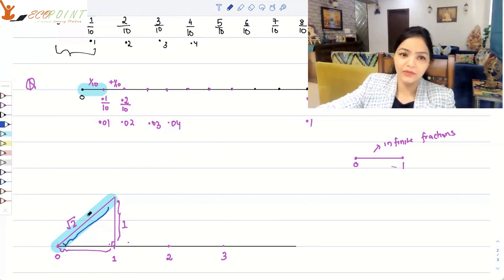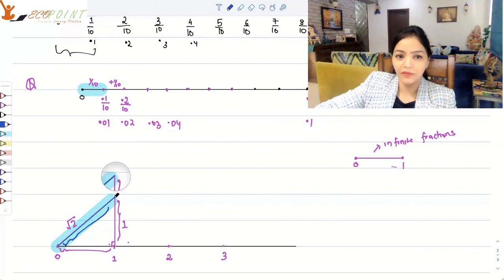If this length is √2, ideally you should be using a compass for this. You measure this length up here, and then just take the compass to mark a point here, which is exactly this length. And that means this length and this length are equal.